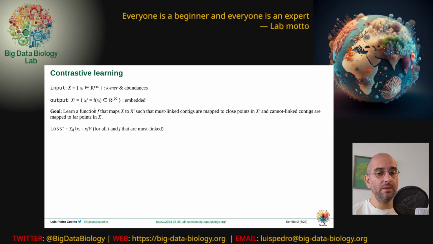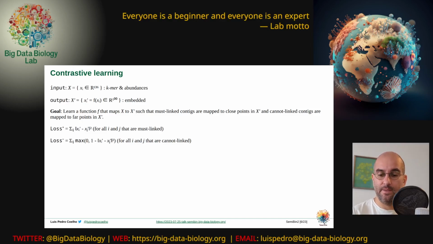So we defined the loss function in two steps. There's a positive loss, the must-link loss, which is the distance between must-link points. And then in the other direction, we just need to be a bit careful so that things don't explode, so 1 minus the distance for the cannot-link ones. So the cannot links should be at distance 1, and the must links should be at distance 0, or as close as possible to these.